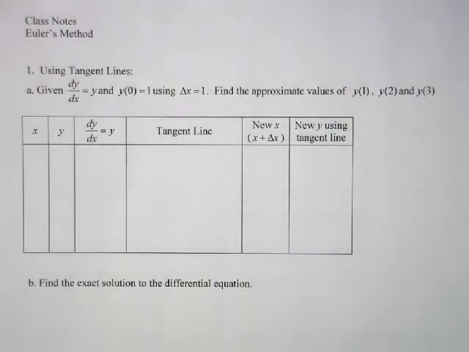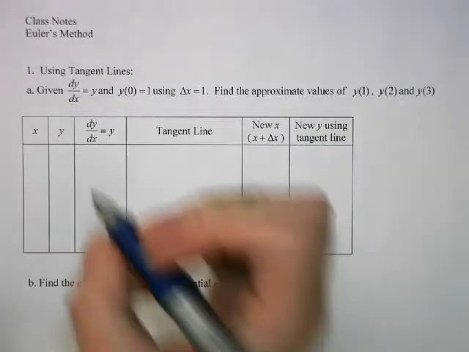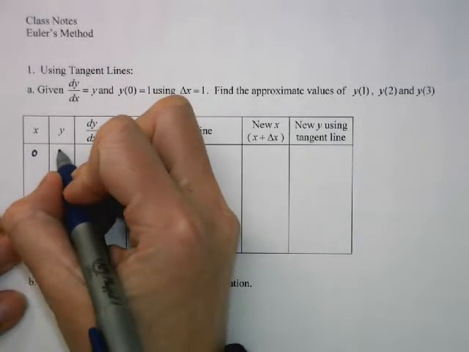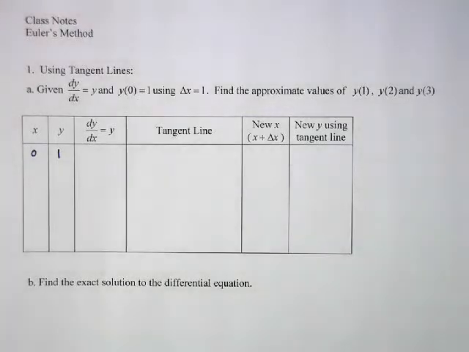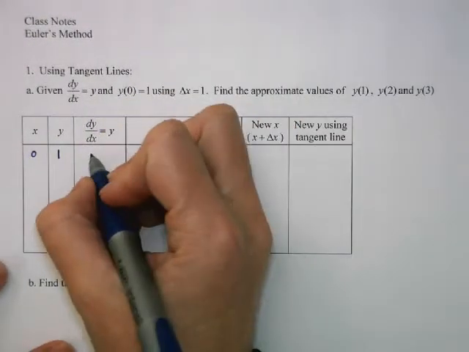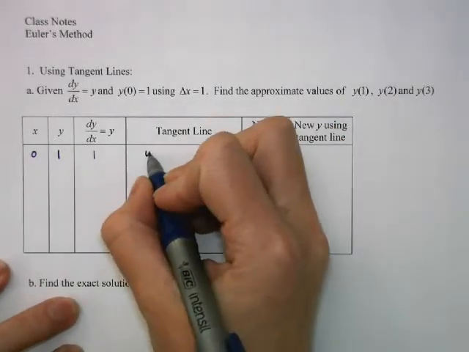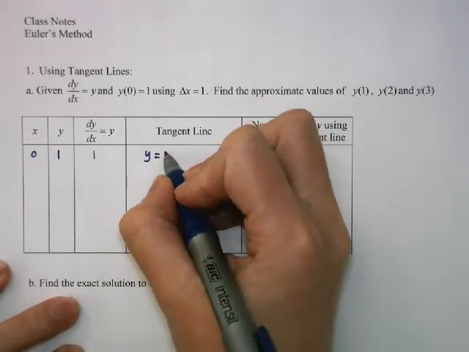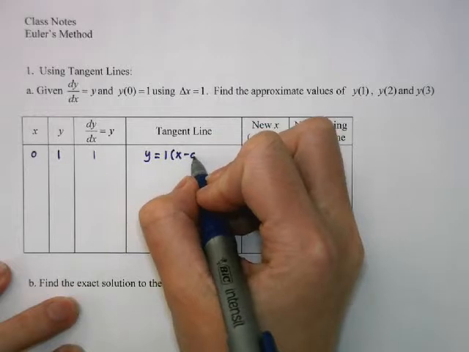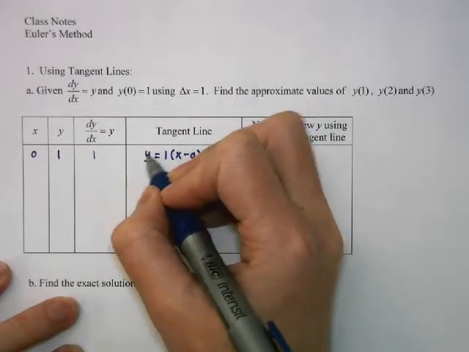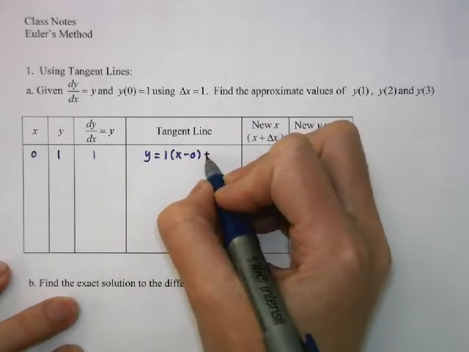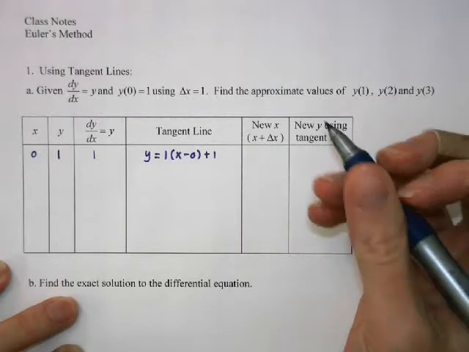Okay. So starting off, we know our initial point is (0, 1). Well, if that's my point and the dy/dx is y, that means my slope is going to be 1. So the tangent line is going to be a slope of 1 times (x minus 0), and then rather than doing the minus 1 on this side, I'm just going to do a plus 1 on this side.